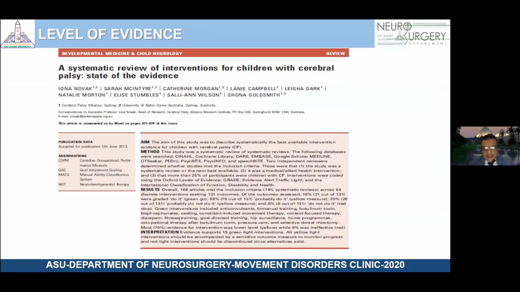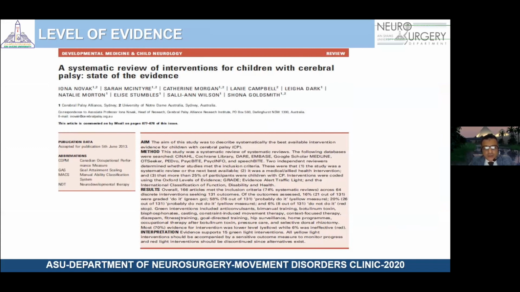In 2013, an Australian group made a magnificent systematic review regarding the interventions for children with cerebral palsy, and they addressed the state of evidence. About 164 publications included about 64 procedures for management of cerebral palsy disability.